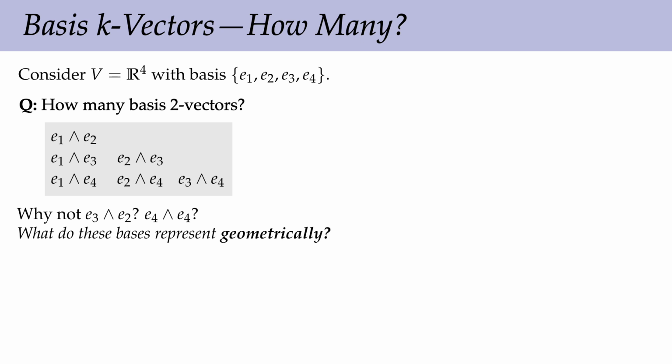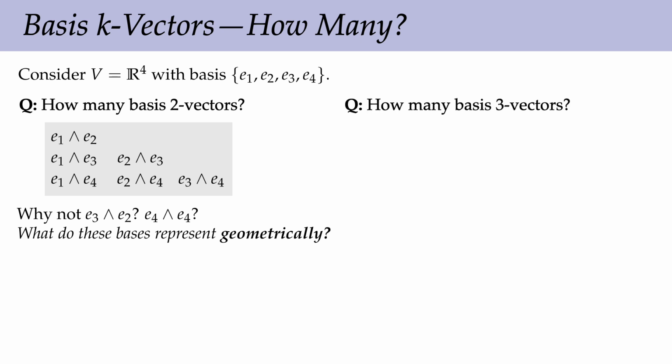And so if I put E3 wedge E2 in my list, I'd have something redundant, because E2 wedge E3 already captures that basis direction. I can multiply E2 wedge E3 by minus 1 to get that same 2-vector E3 wedge E2. So there really are only 6 basis 2 vectors in this case.